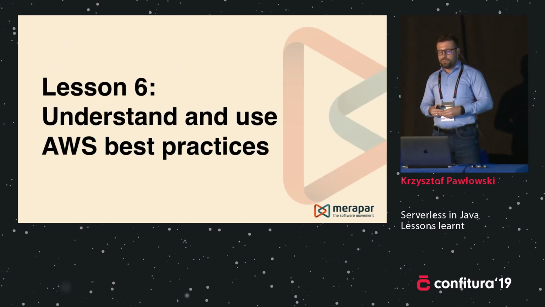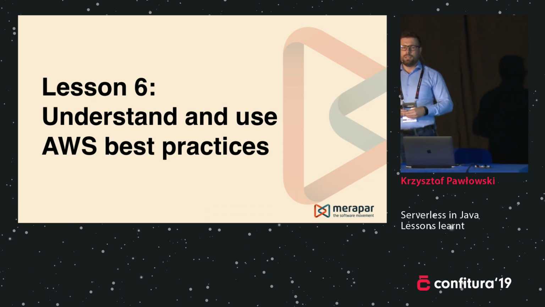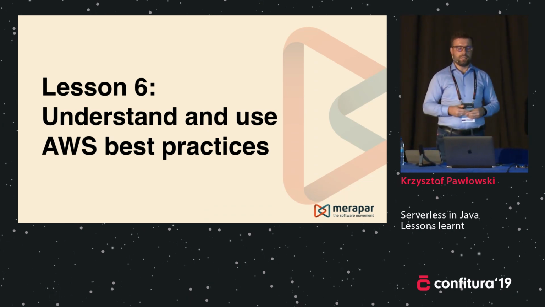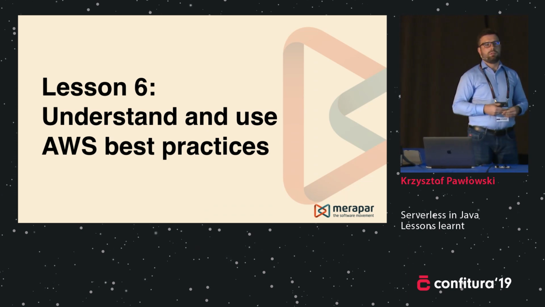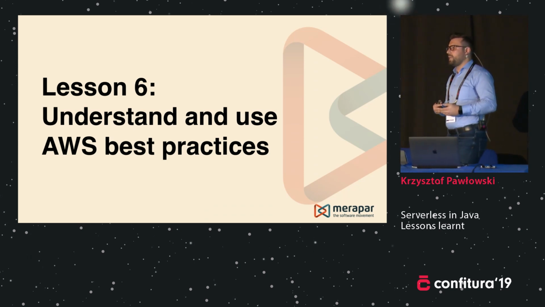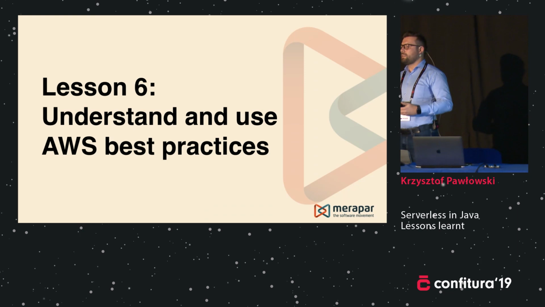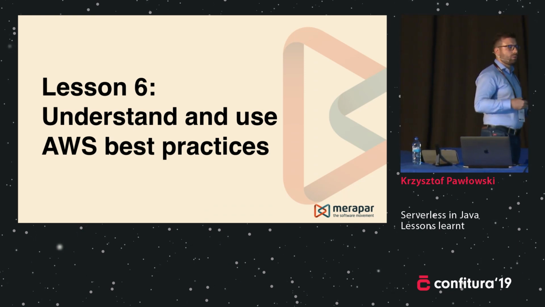Okay, and now we are going to the last lesson that we'd like to share with you. The lesson is to understand and use AWS best practices. For other libraries and frameworks, sometimes you can perceive best practices as someone's opinion of how you should write code, what is nice and what is not.